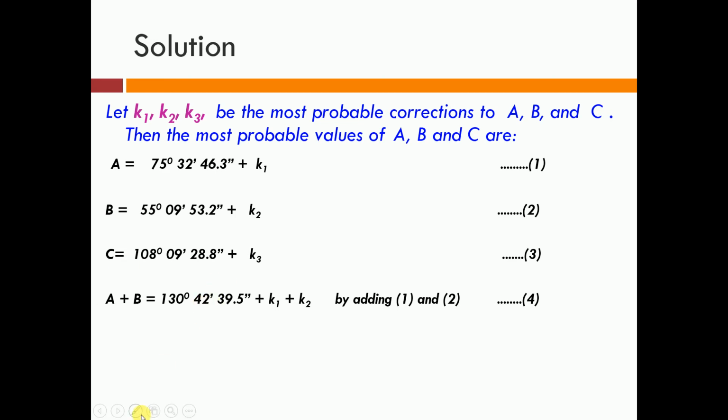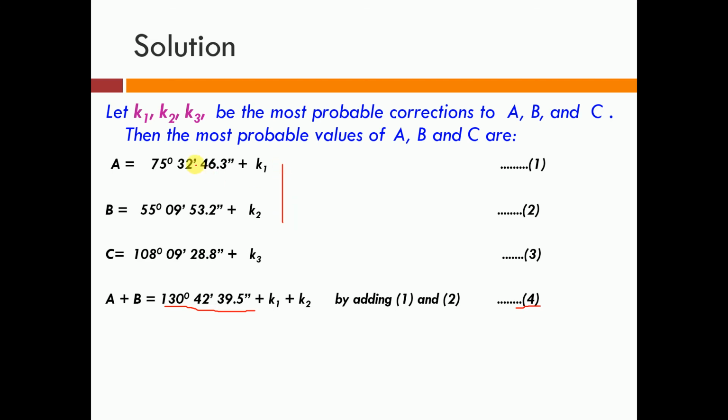Be careful at this stage. I am repeating again, be careful at this stage. How do we arrive at this value of 130 degrees 42 minutes 39.5 seconds? Remember, equation number 4 is arrived at by adding equations 1 and 2.